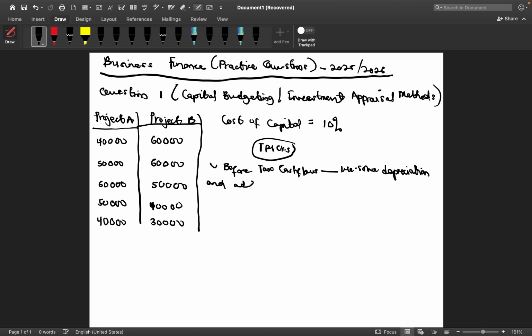This is the concept. Then also, if the question said after tax cash flows, it means depreciation has already been calculated. So we use the cash flows in the question.